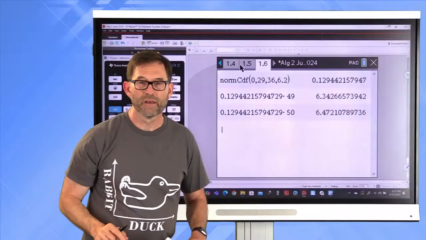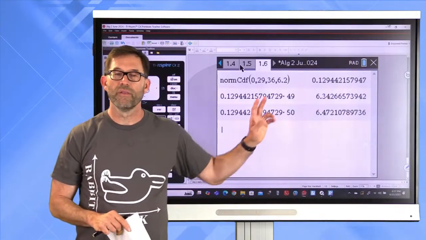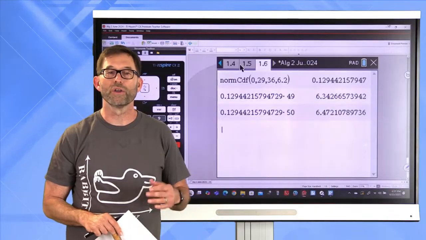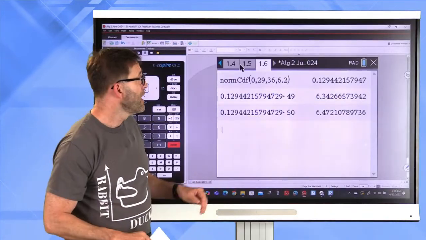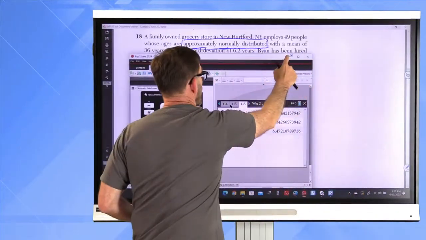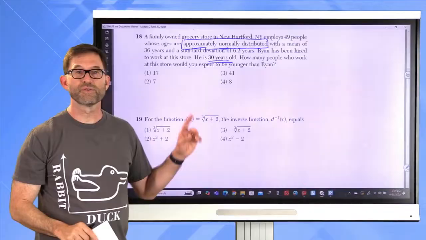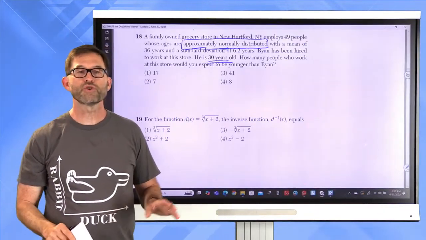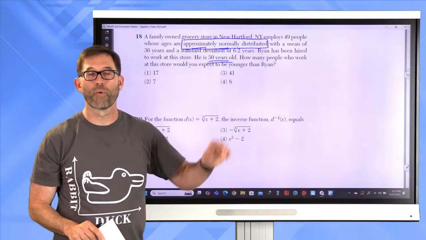Now, either way you slice it, those things say it should be 6 people are younger than Ryan, all right? And if you look at your answers, your answers are 17, 41, 7, and 8. Well, I'm pretty sure it's not the 17 or the 41.